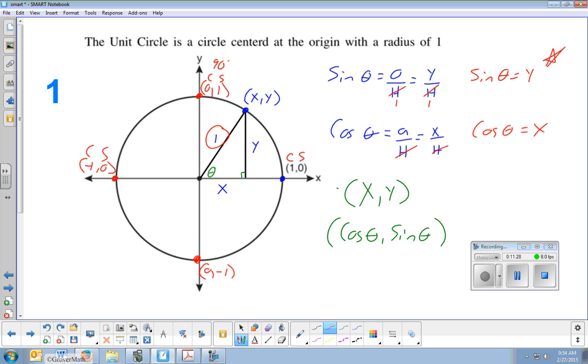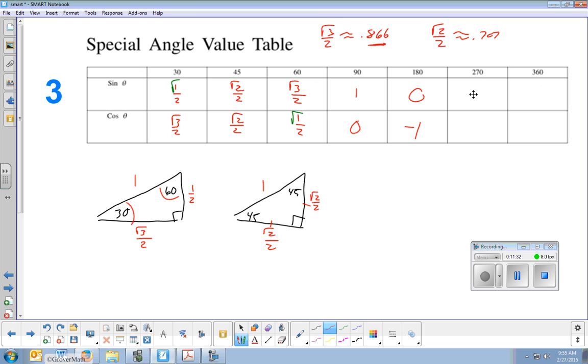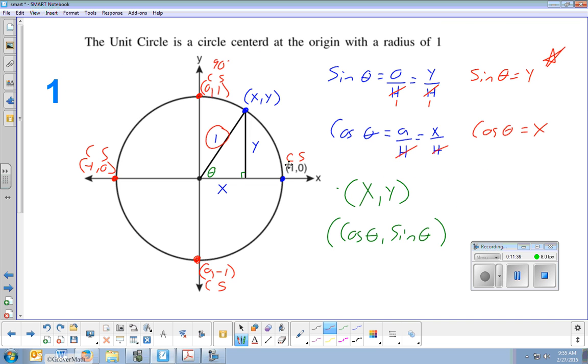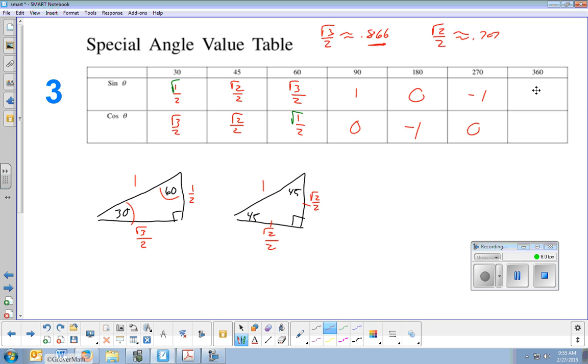That means cosine is 0, sine is negative 1. And then the last one, the 360, is this point right here, 1, 0, cosine 1, sine 0. But you can just type into your calculator sine 270, sine 360, and it's going to give you these values, so that's pretty easy.